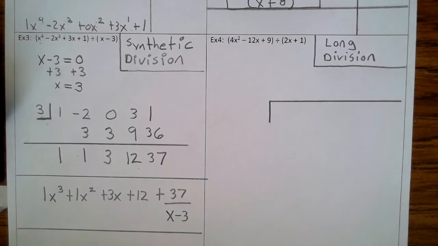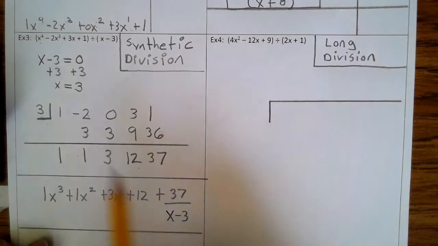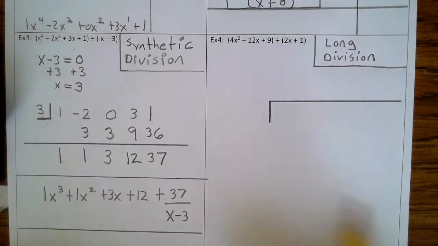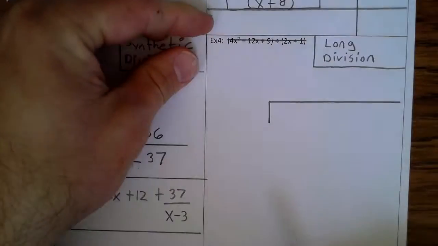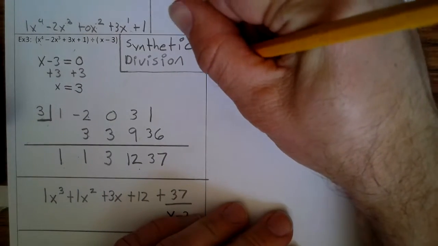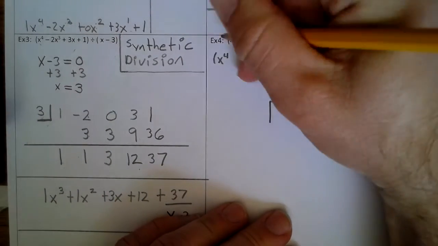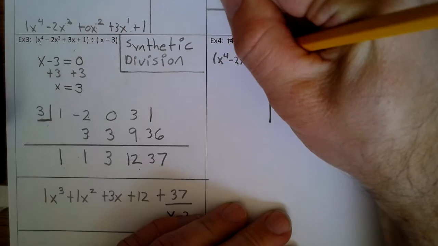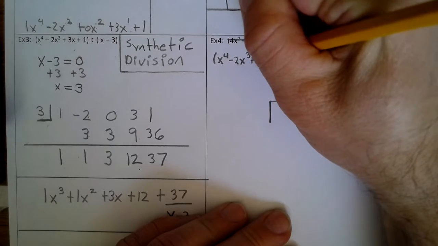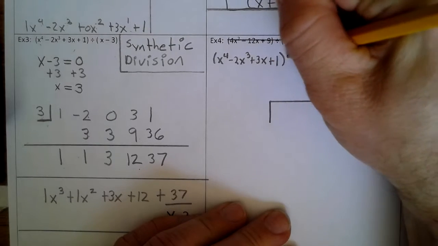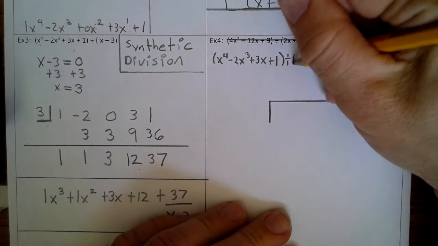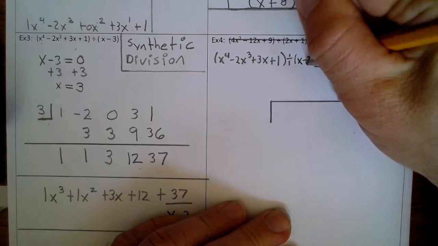So I'm going to change the problem. Let's change it to x to the 4th minus 2x cubed plus 3x plus 1 divided by x minus 3. So you can see how they compare.